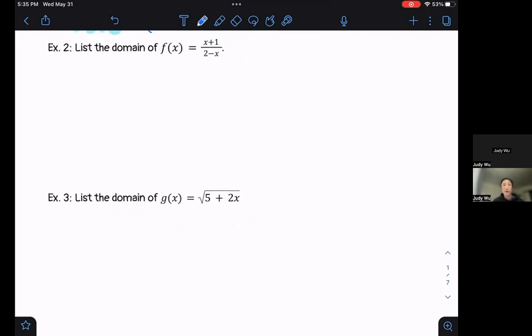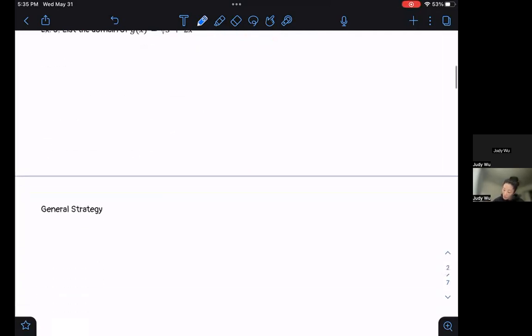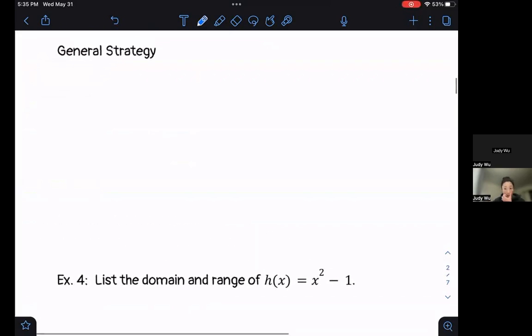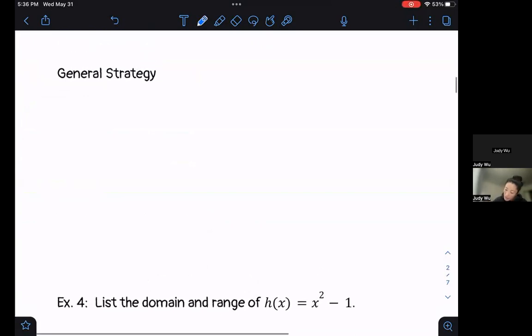I just wanted us to see these examples as algebraic equations, but I'd like to talk about a general strategy that I find really helpful when finding the domain of just an equation. I look at this in 3 steps.